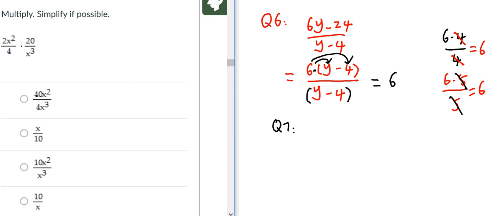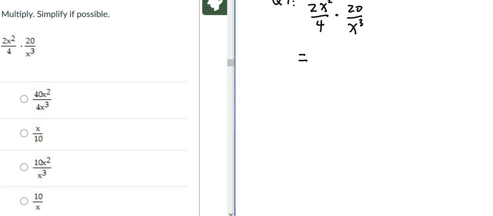Multiplication. For multiplication, we have 2x squared over 4. Here is times. And then 20 over x cubed. Again, you can do cancellation in a few steps, not just in one step.